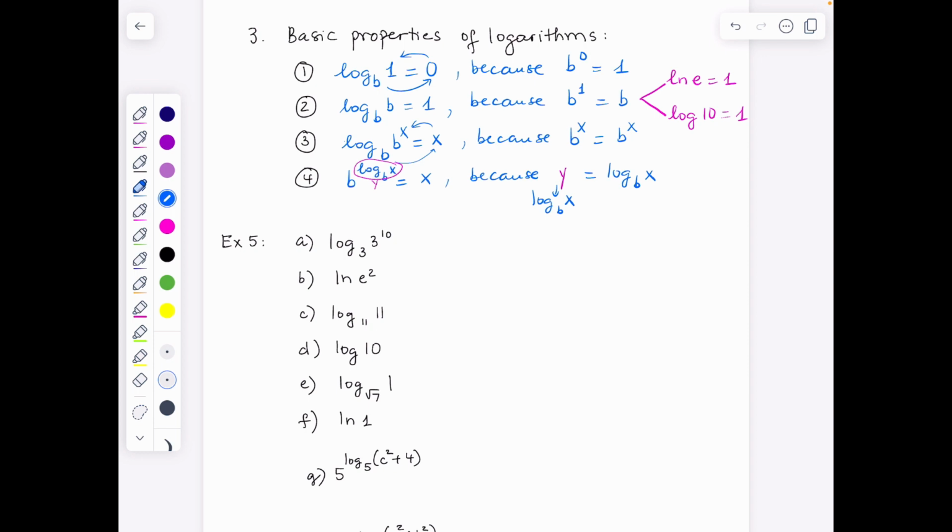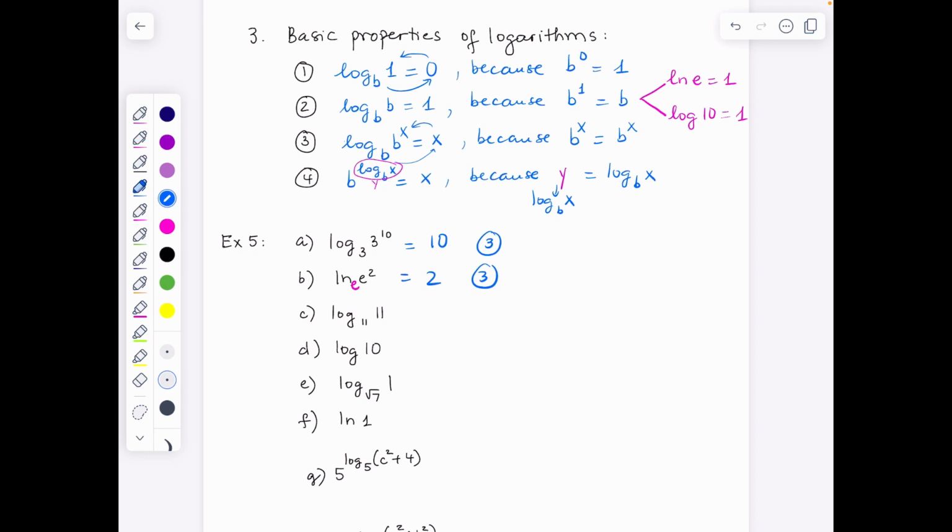Let's practice these problems using the properties. Log base 3 of 3 to the 10th will give you 10 using property number 3. ln e to the second power: the base is e, so as you can see, the two bases match. So the answer here is 2, again using property number 3.